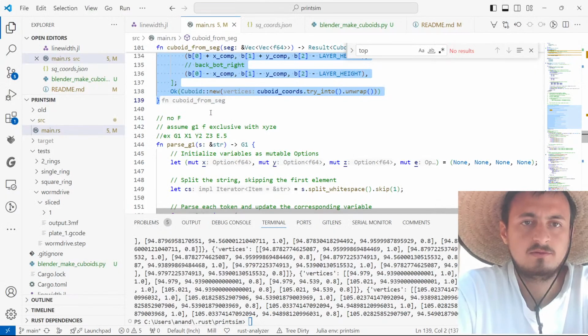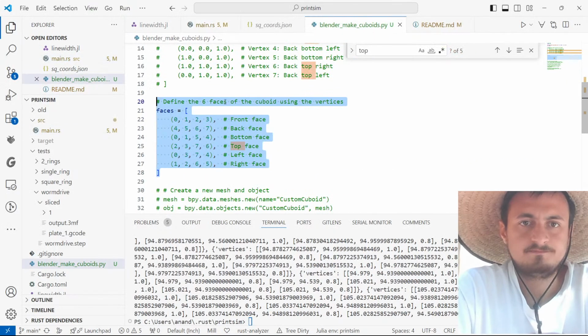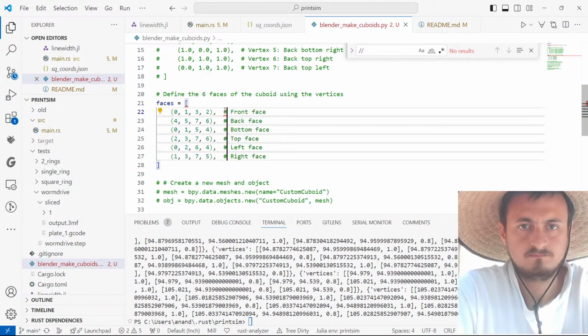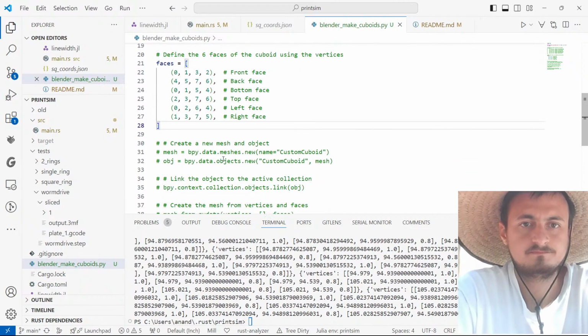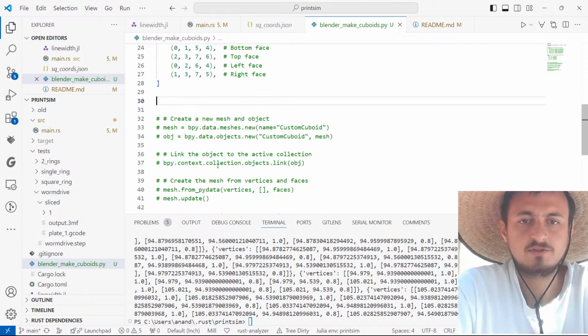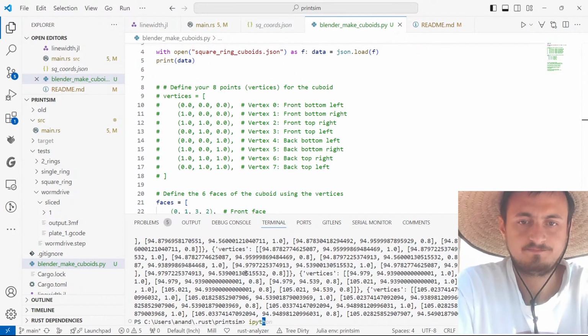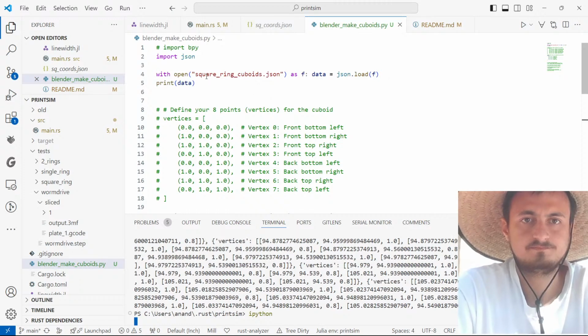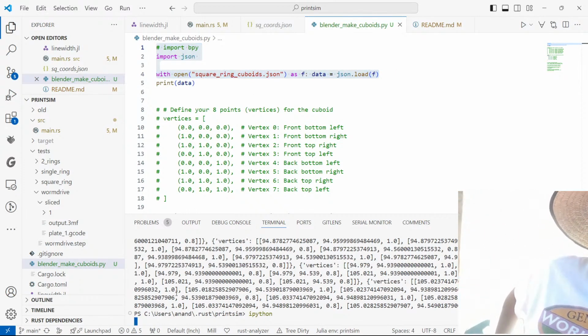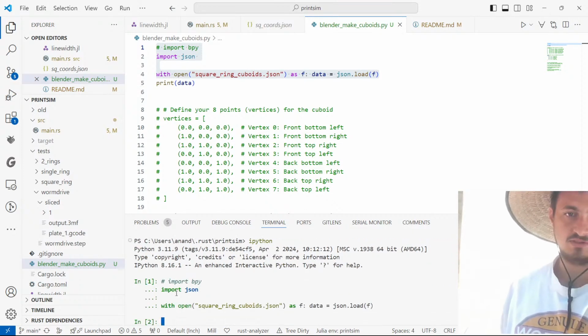Okay. Wait. So, can we just do this? Why is Python so slow? Okay, so now.